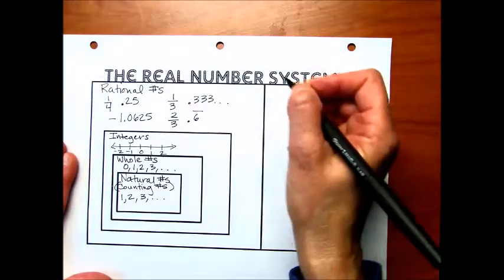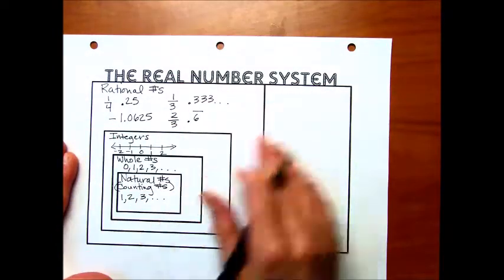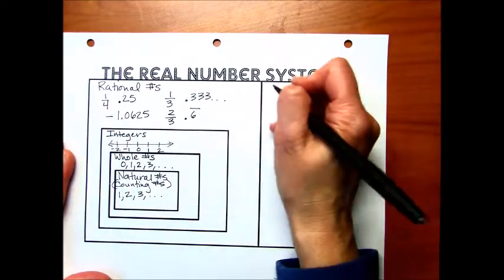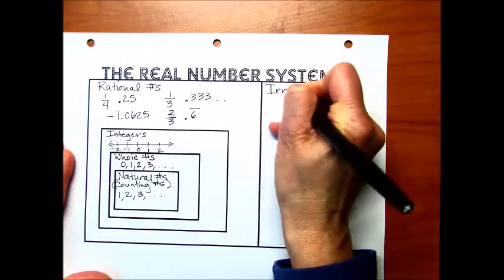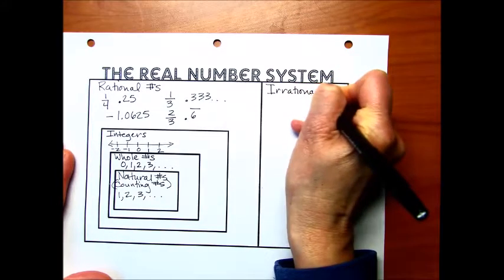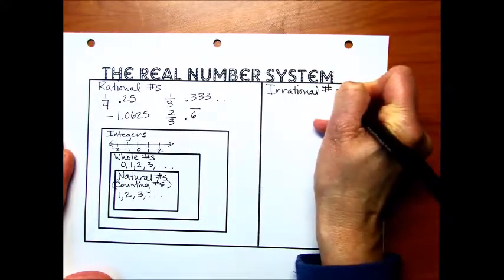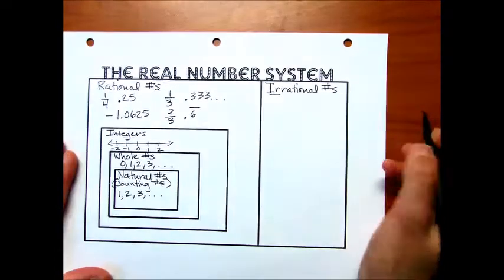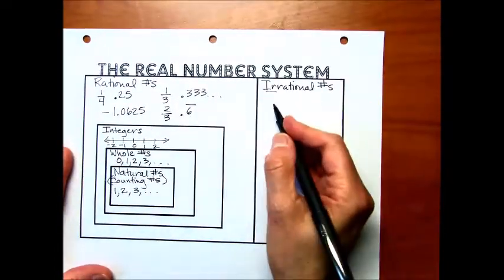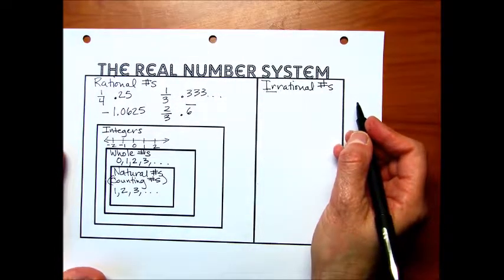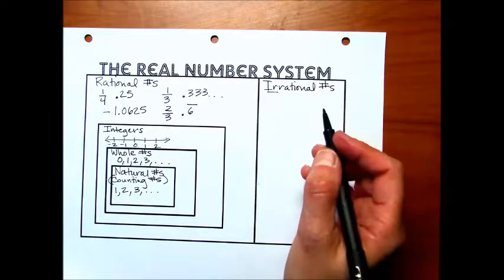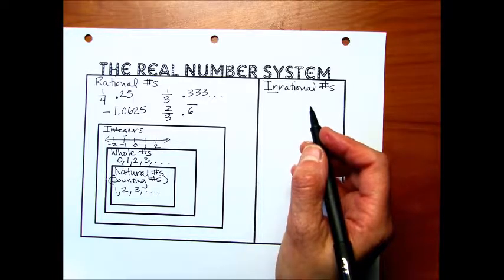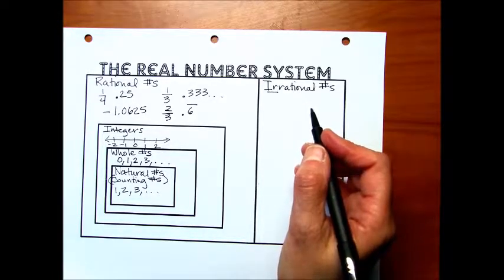The next group, which doesn't include these but is part of the real number system, is called the irrational numbers. Ir means not, so basically they're not rational numbers. These are numbers that cannot be simplified as a terminating or repeating fraction or decimal.